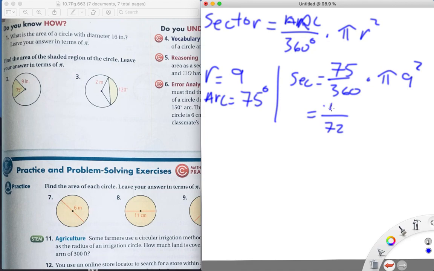I believe this is 15. I think I can divide that again, can I? Yeah. Which gives me 5 over 24. So it's going to be 5 over 24. 9 squared is 81, so times 81 pi.